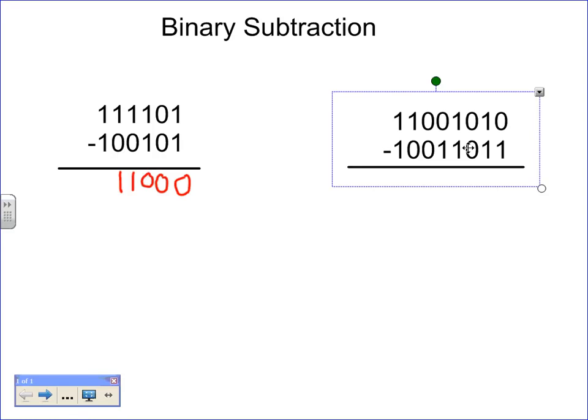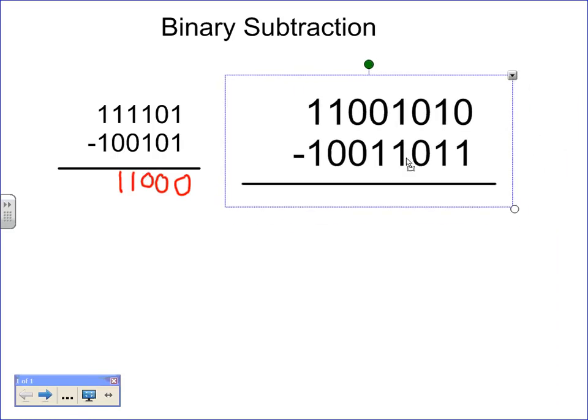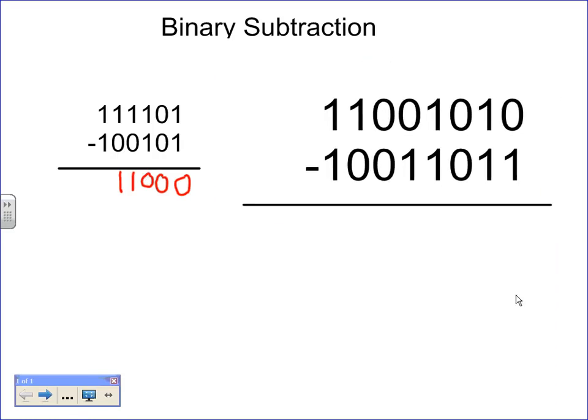If we take a look at our second example here, this one's going to be a little bit tricky because we're going to have to borrow. And borrowing is not too bad. It's similar, like I said, to normal decimal subtraction. So the first side we subtract is the rightmost side always, just like regular subtraction. So I have 0 minus 1, and for this I have to borrow.